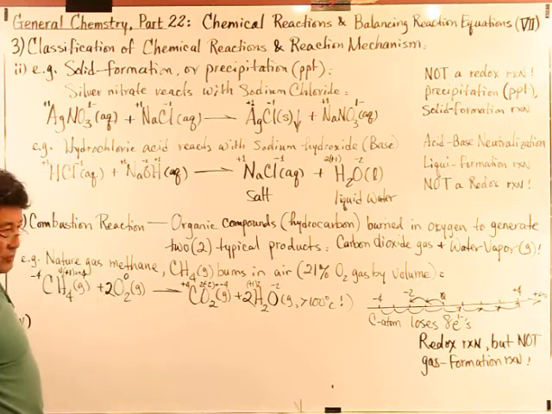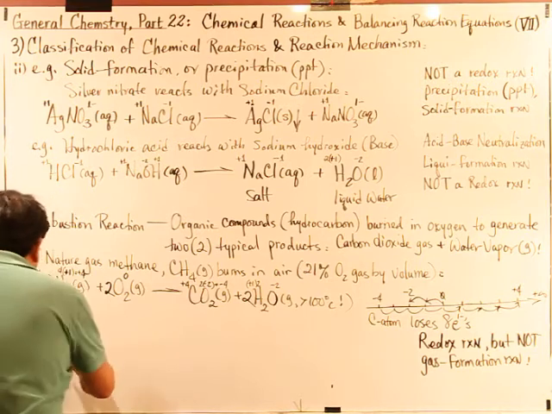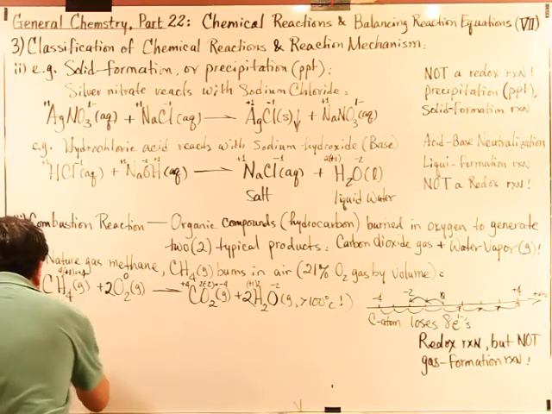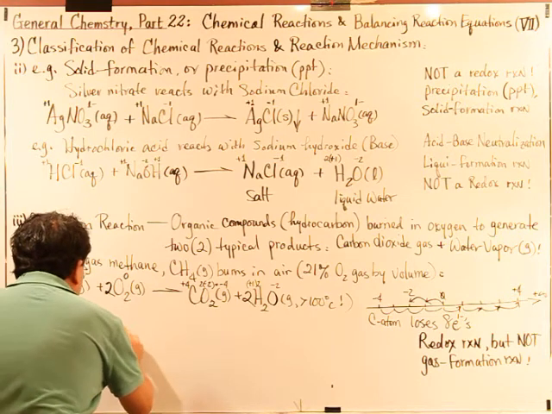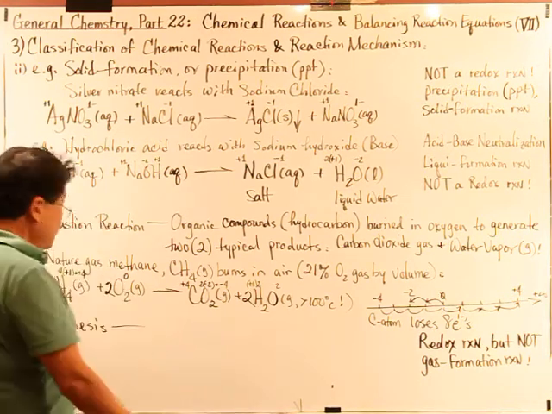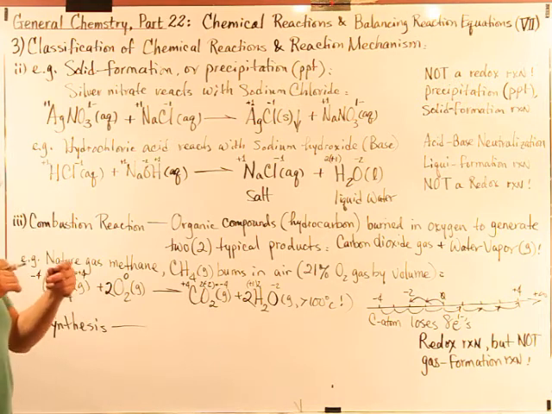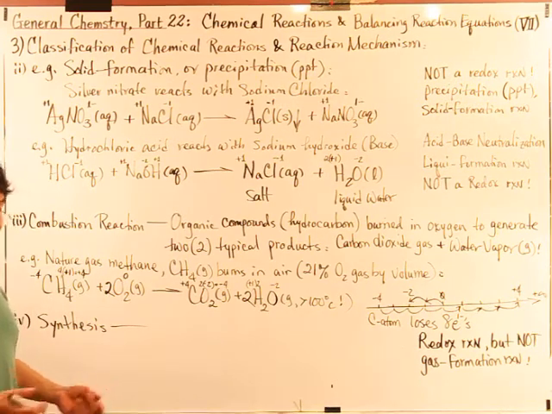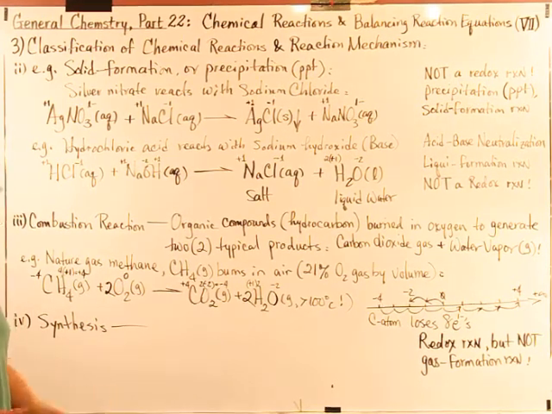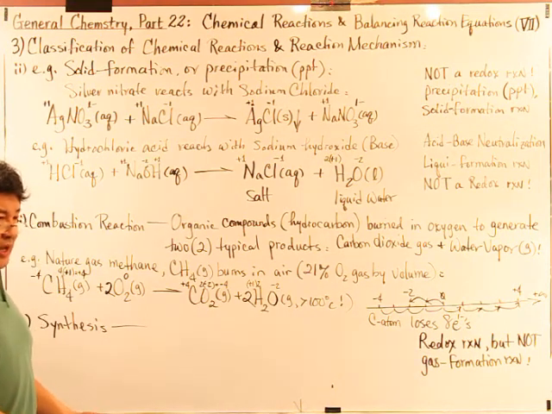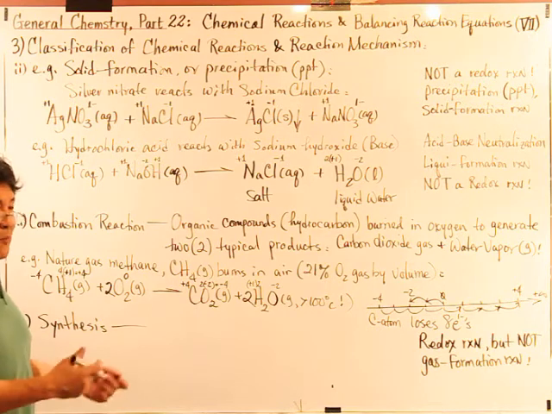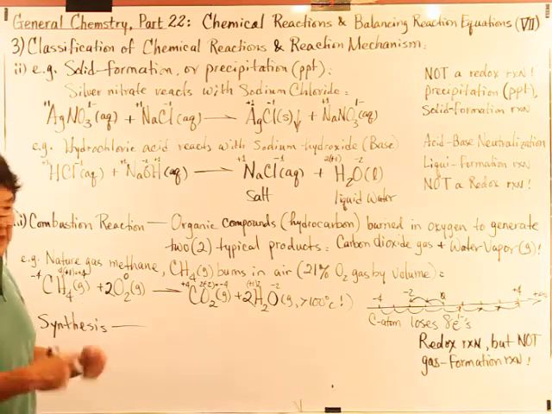All right, so now let's talk about the other type of chemical reactions, called synthesis. Synthesis is a reaction that starts with simpler substances and produces more complicated substances.